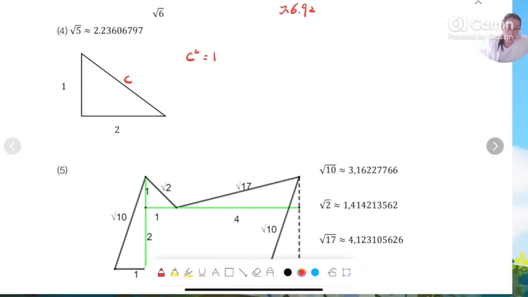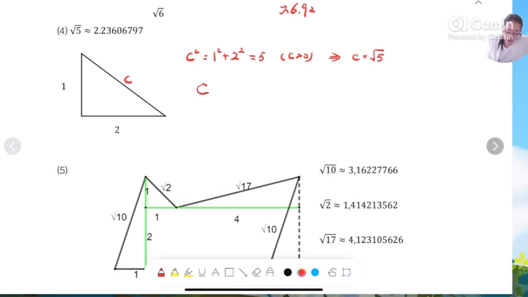So C squared is equal to 1 squared plus 2 squared, which is 5. C is a positive number, so we obtain C is equal to the square root of 5.